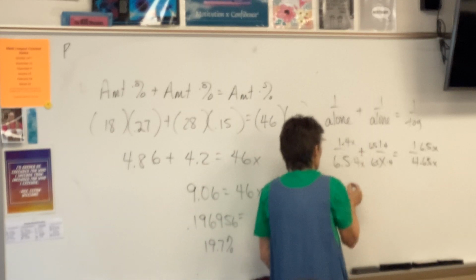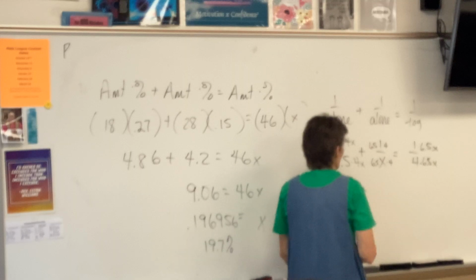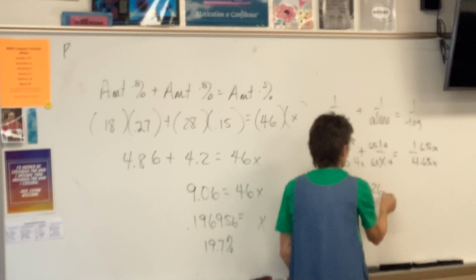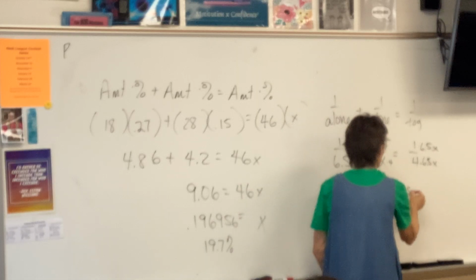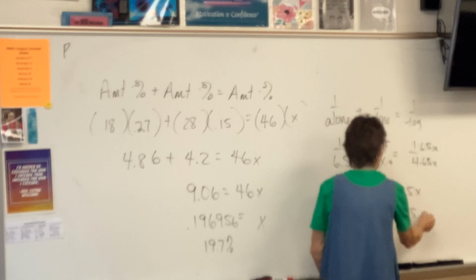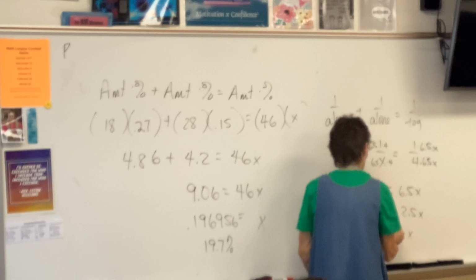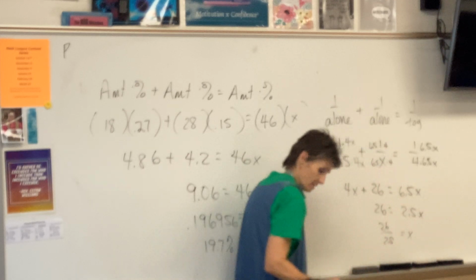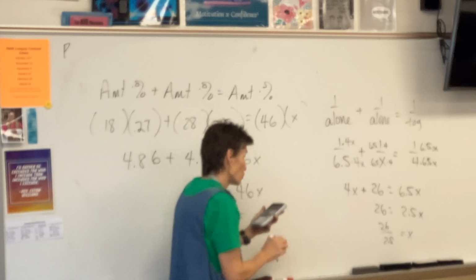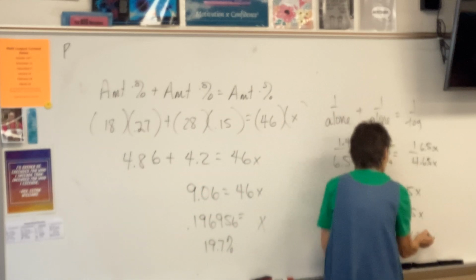So multiply. 4x plus, what's 6.5 times 4? 26 equals 6.5x. I got Sean to be 10.4 hours.